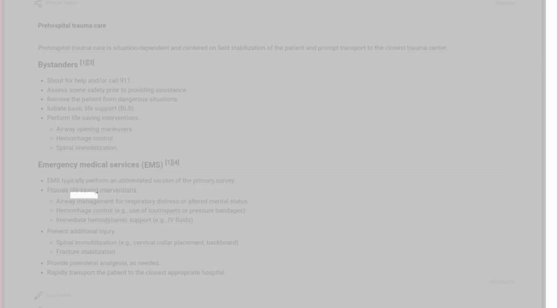They provide life-saving interventions: airway management for respiratory distress or altered mental status; hemorrhage control, for example use of tourniquets or pressure bandages; immediate hemodynamic support, for example IV fluids. They prevent additional injury with spinal immobilization, for example cervical collar placement, backboard, and fracture stabilization. They provide parenteral analgesia, as needed, and rapidly transport the patient to the closest appropriate hospital.